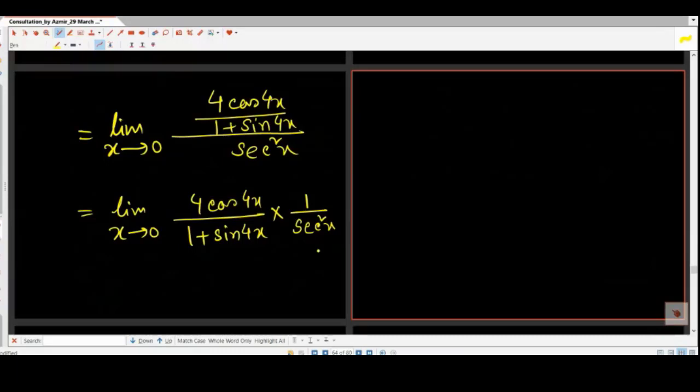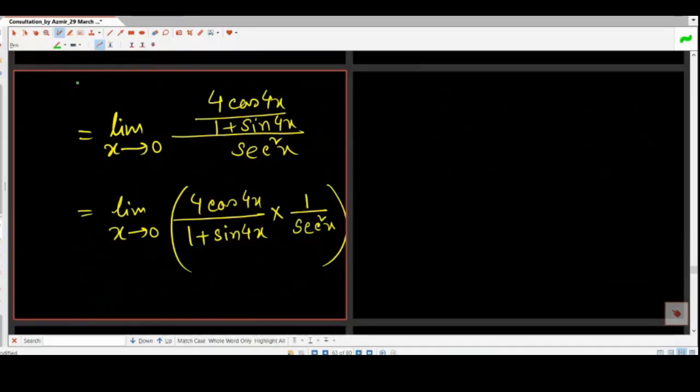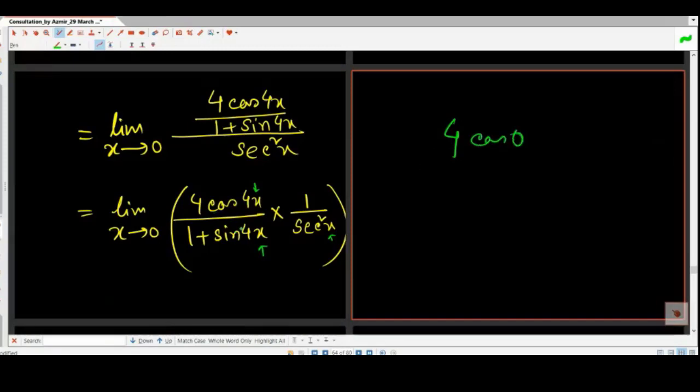So this time we can again input the value of x where we have x. Let's see whether we are getting 0 over 0, infinity over infinity or not. Let's do the rough work. So 4 cosine 0 over 1 plus sine 0 times 1 over secant squared 0.